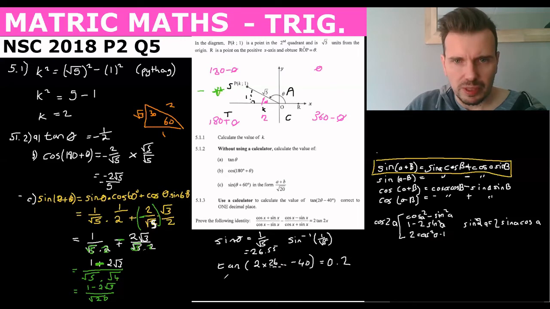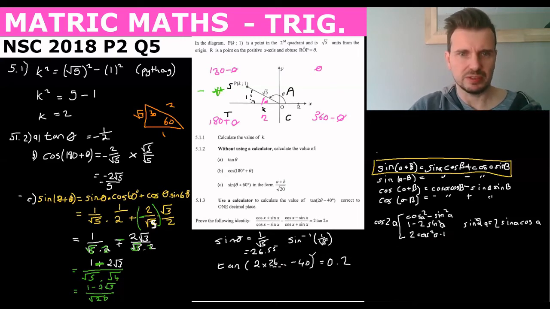Okay, cool. And then we want to prove the following identity. So I think that this one, we should maybe do, I'm just going to clear some space here.